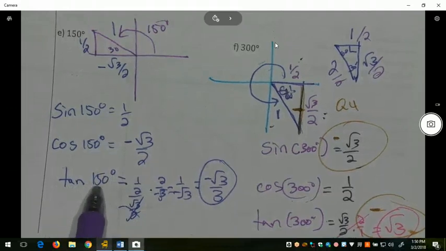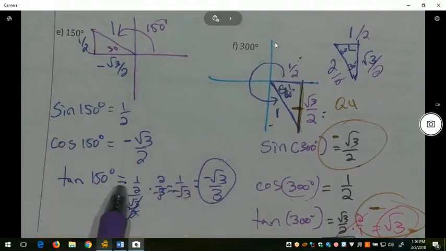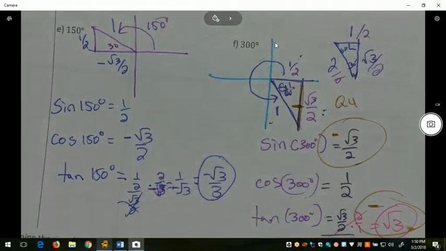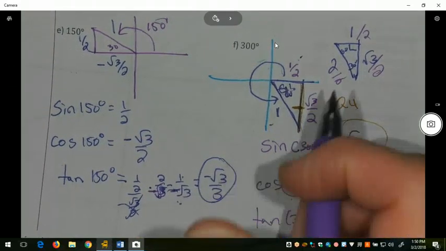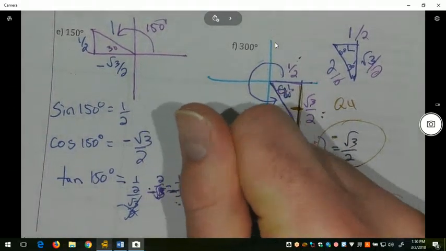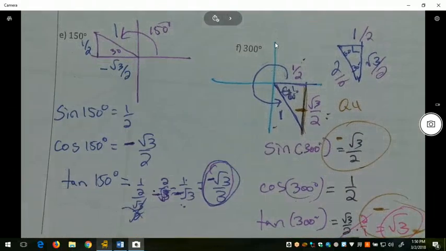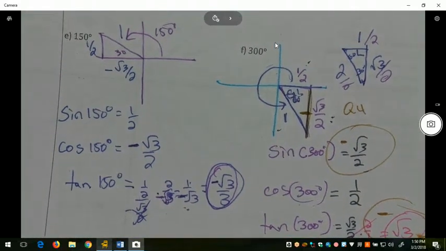And the tangent of 150 degrees, being 1/2 divided by negative square root of 3 over 2, we multiply by the reciprocal, 2 over negative square root of 3, which gave us 1 over negative square root of 3. Rationalizing that denominator gives us negative square root of 3 over 3. Once again, we're in quadrant 2, as we were for C and D, where sine is positive, cosine and tangent are negative.